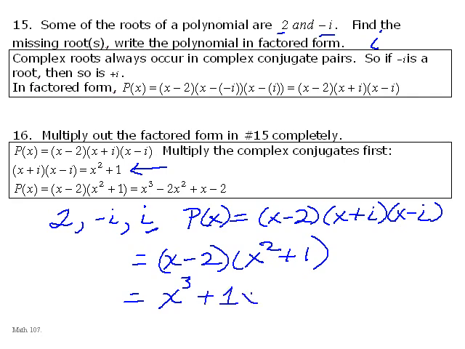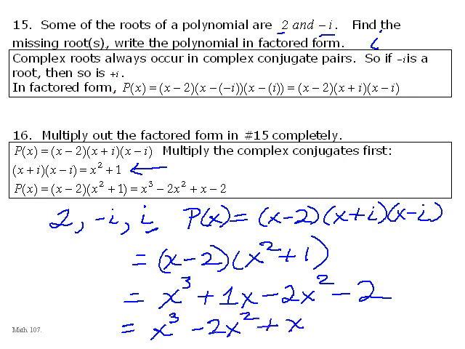I'll put the 1 in here for people who like to see it. Minus 2 times x squared is minus 2x squared, and the last term is minus 2. All the terms are different. There are no similar terms to combine, but you should write your polynomial in either ascending or descending order. And so I'll write it in descending order: x cubed minus 2x squared plus x minus 2.